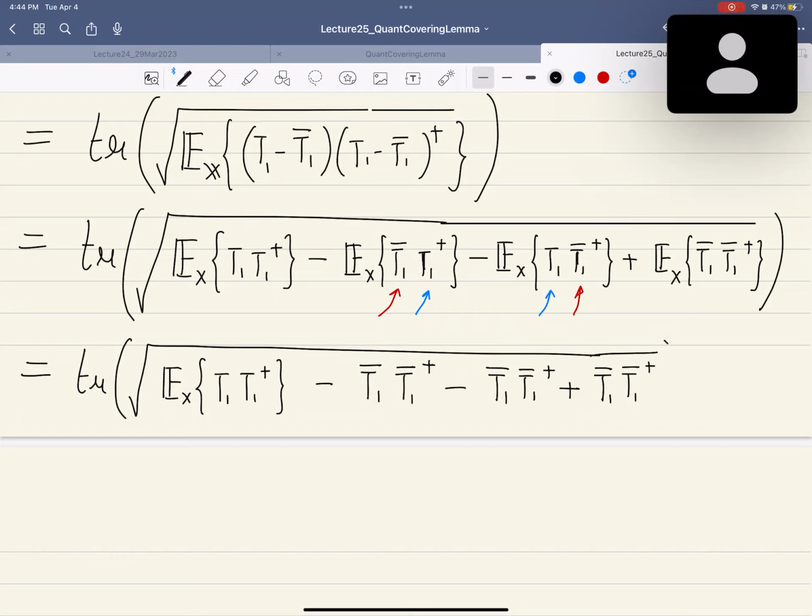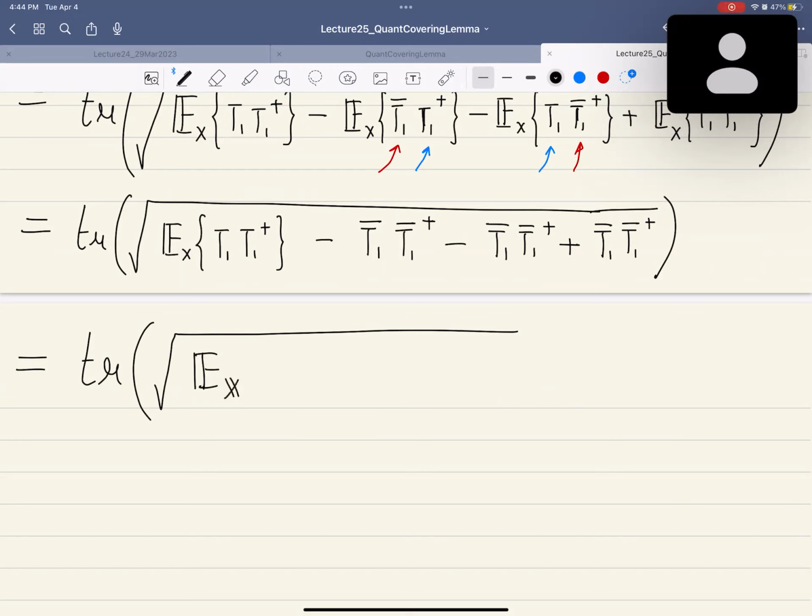So this is trace of expectation of X T1 dagger minus T1 bar, one of the terms on the right gets cancelled.